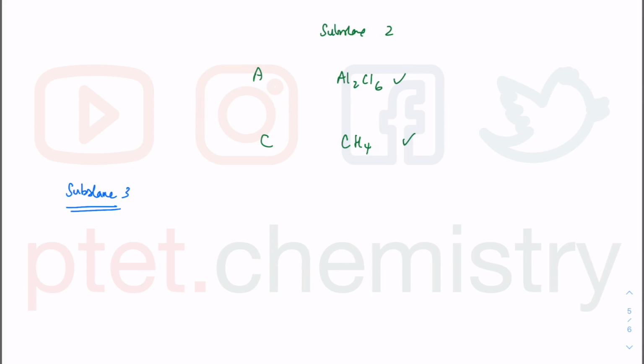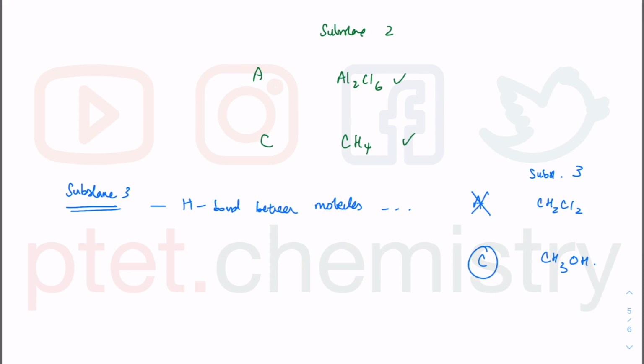Substance 3, it has hydrogen bonds. So all of these are covalent compounds, but substance 3 has hydrogen bonds between molecules. So looking at substance 3 for A and C, we have A, which is CH2Cl2, and we have CH3OH. I can tell A is out and C has to be the answer because these things have no hydrogen bond. Remember the requirement for hydrogen bonds?